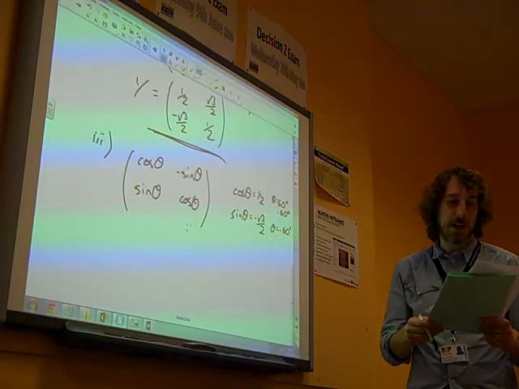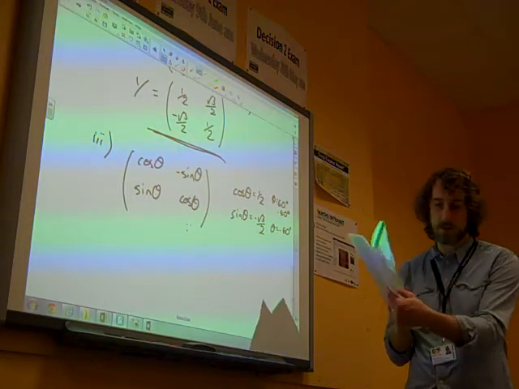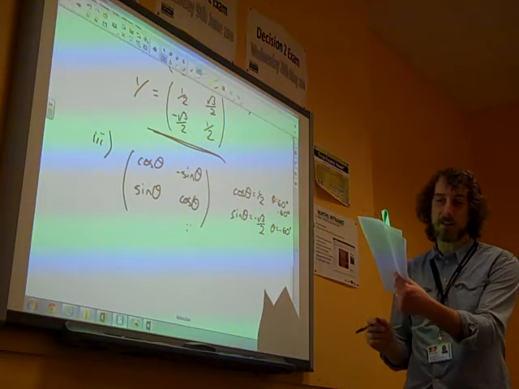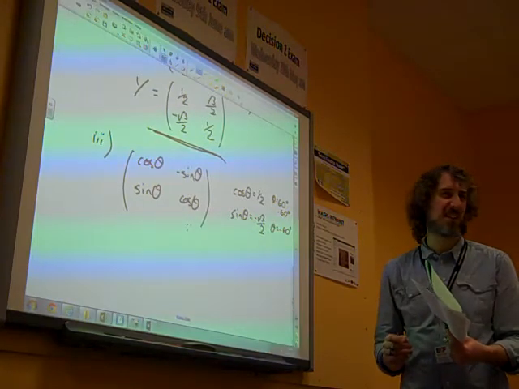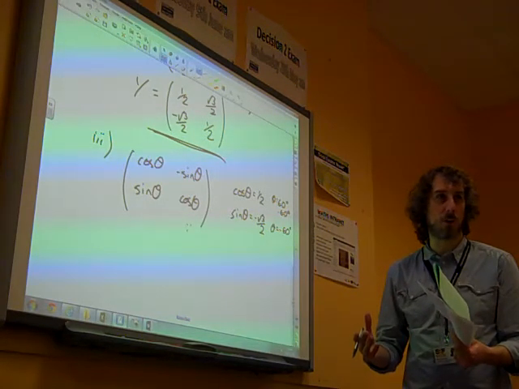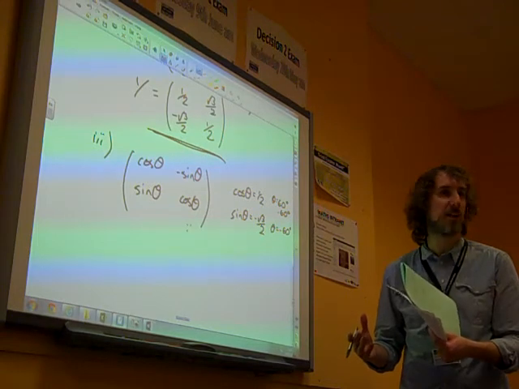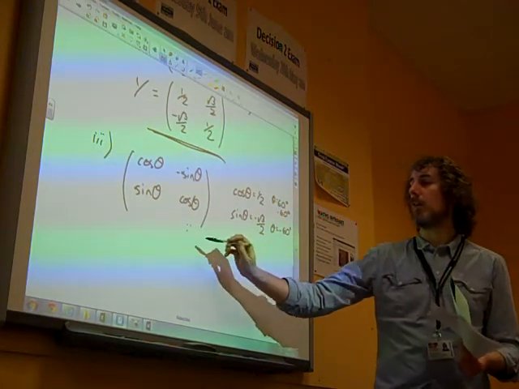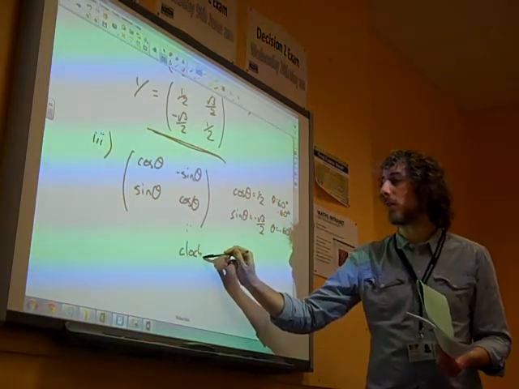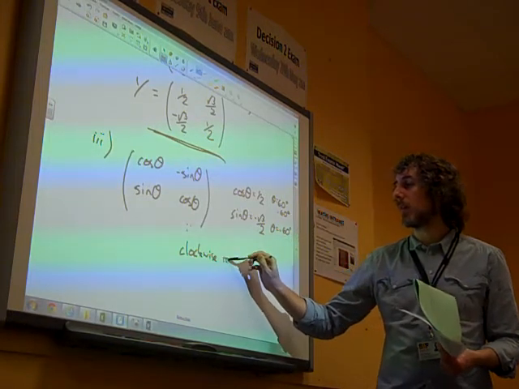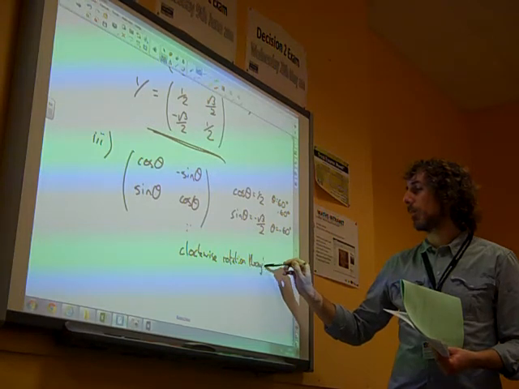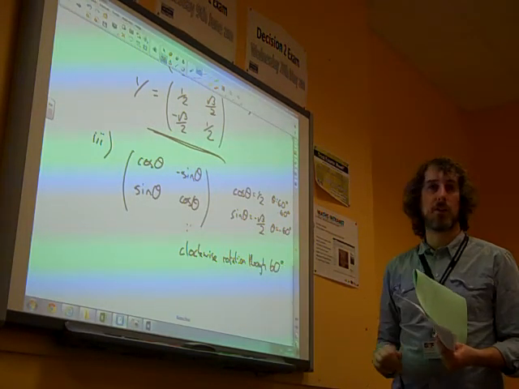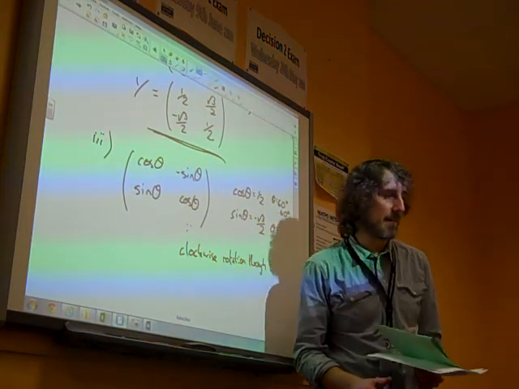Which means we have a rotation, according to what it says here, an anti-clockwise rotation through minus 60 degrees. That's a slightly odd way of phrasing it. Anti-clockwise through minus 60 is clockwise through 60. So what we've got is a clockwise rotation through 60 degrees. And that is that.